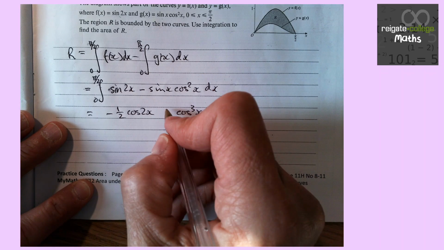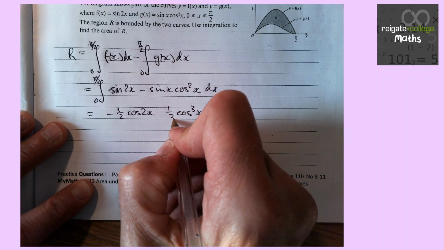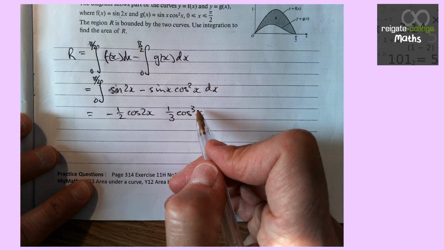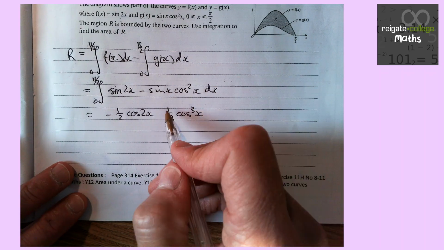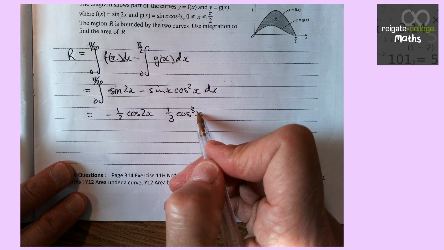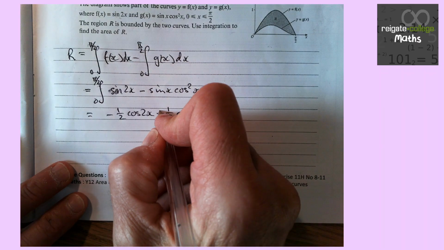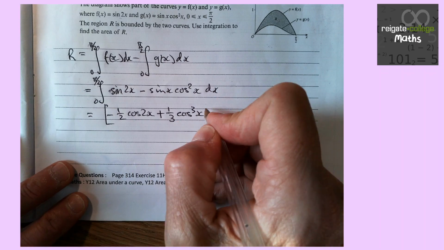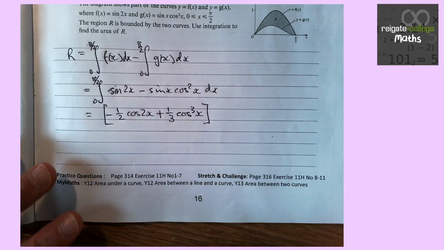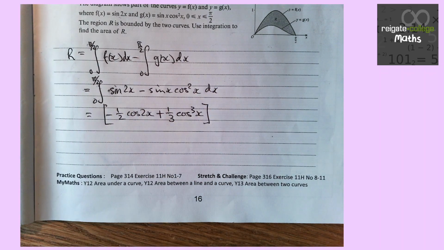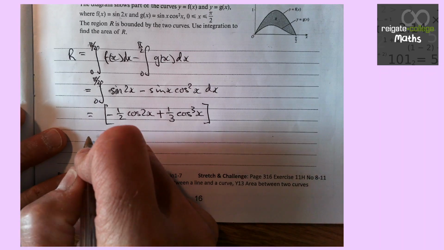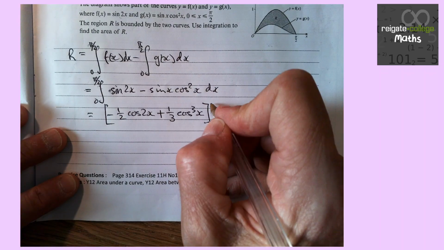I'm going to get a third cos cubed x, and when I differentiate I get 3 times cos squared x times the derivative of cos x, which is minus sine x, so I want a plus here. So we can do this all in one go, or you could do these two things completely separately. And it's from 0 to pi over 2.